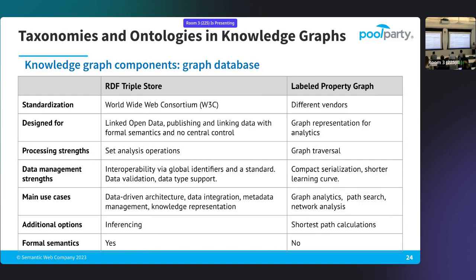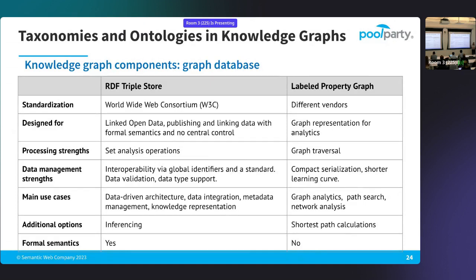With the labeled property graph, the goal is, all right, this is going to be much more efficient and much faster than relational database management systems. So it's the graph traversal and path search and serialization and all that, really focusing on the shortest path calculations.